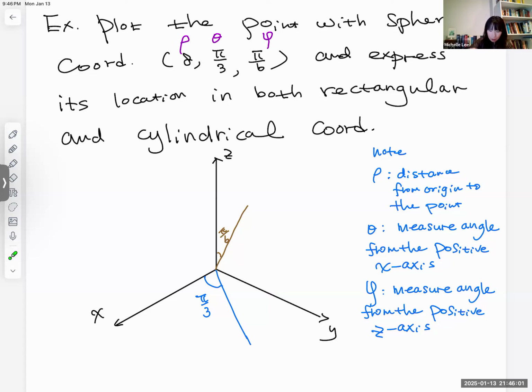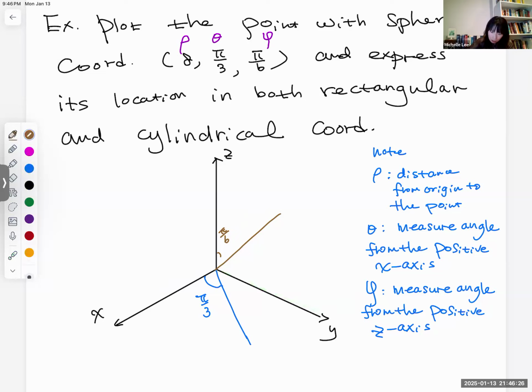I want to make it 1/3, 1/3, 1/3. So pi over 6, and this pi over 3, and then pi over 2, right?